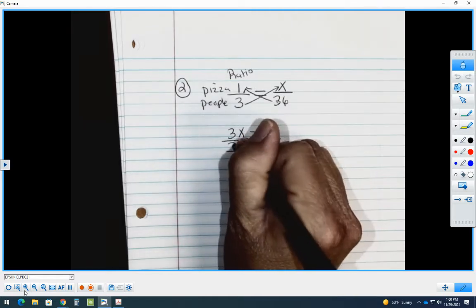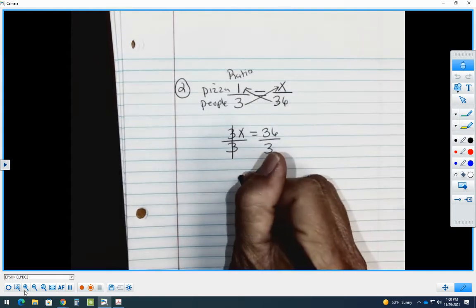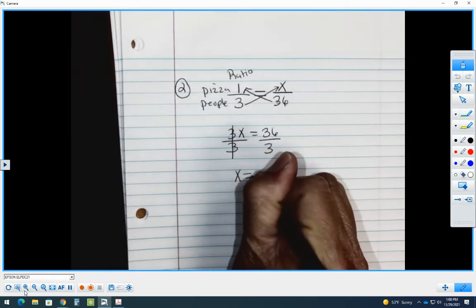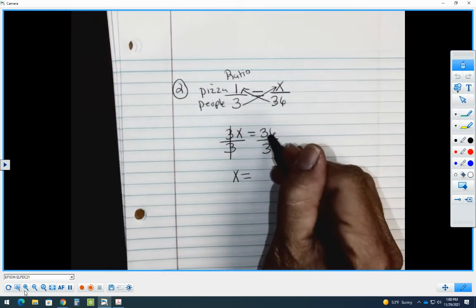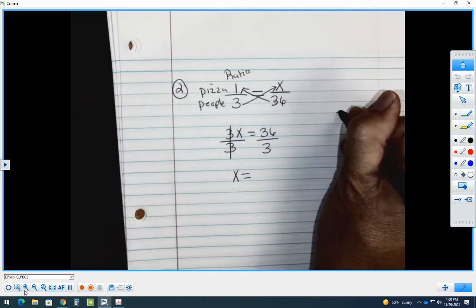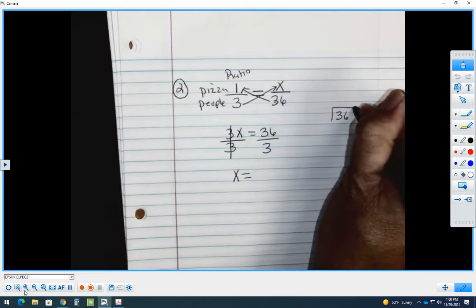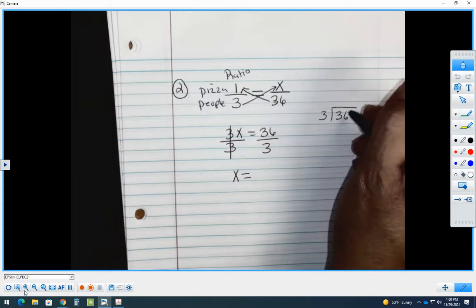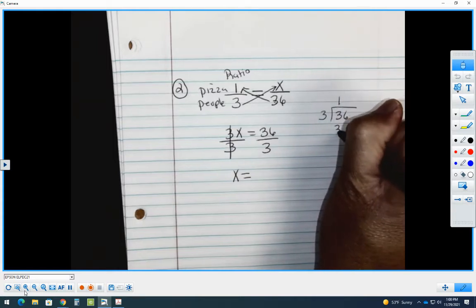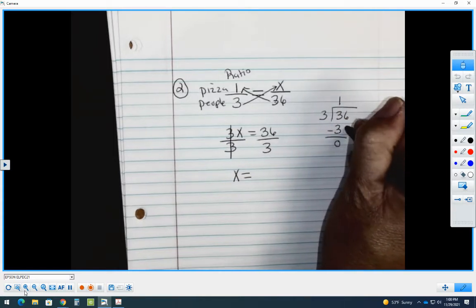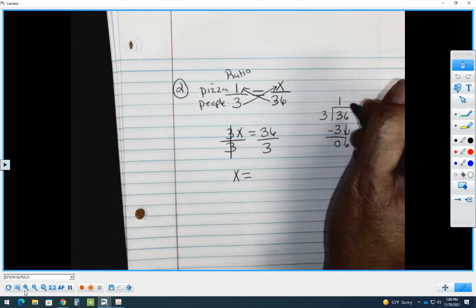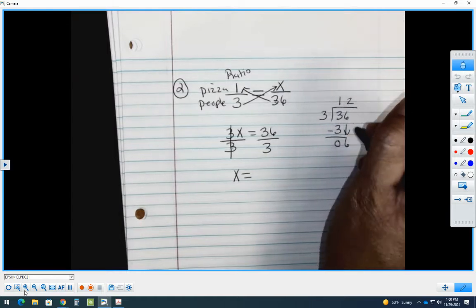So this 3 and this 3, they cancel out. That's what we want. We want the x to be all by itself. Now 36 divided by 3, I can go to the side. 36 divided by 3. And 1 times 3 is 3. Bring down the 6. 3 times 2 is 6.